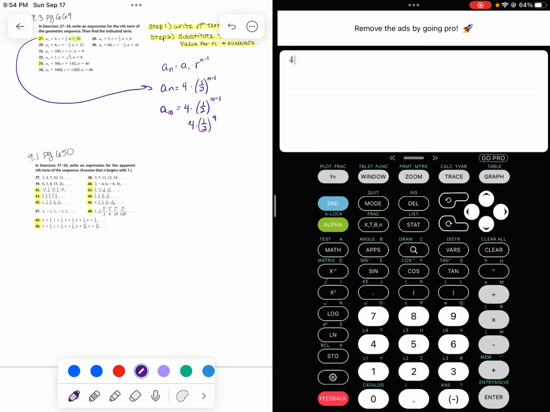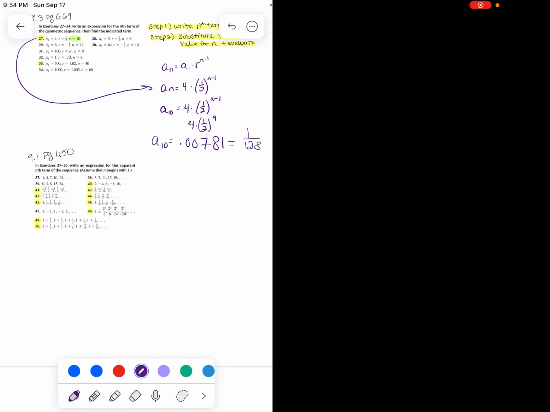So 4 times 1/2 to the 9th power. 0.00781. So that would be your 10th term. If you wanted it in fraction form, you can do math and then number 1 fraction. And it gives you 1/128. Which would be another great way to answer that. Remember, the fractions are usually easier when we are dealing with the sequences.